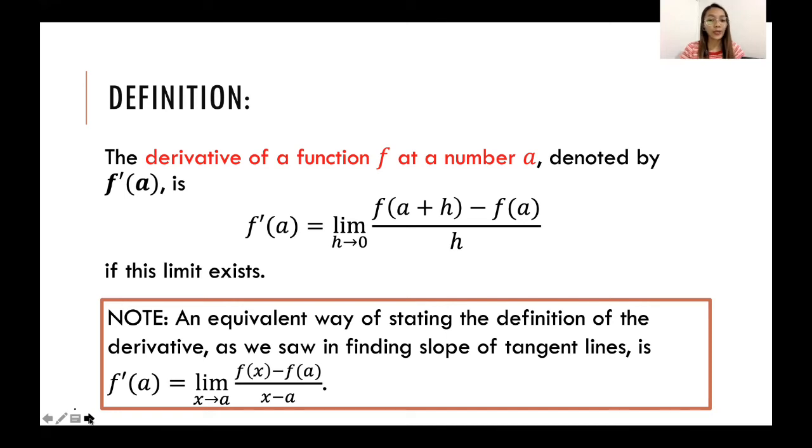An equivalent way of stating the definition of the derivative, as we saw in finding slope of tangent lines, is f prime of a is equal to the limit of f of x minus f of a over x minus a as x approaches a. Pwede nyo din pong gamitin kahit alin dyan sa dalawa to find the derivative of a function.